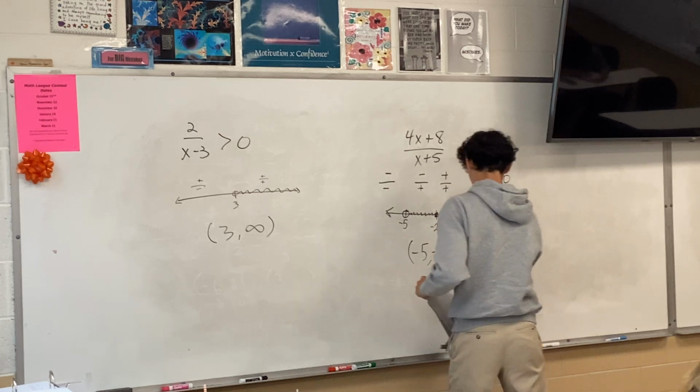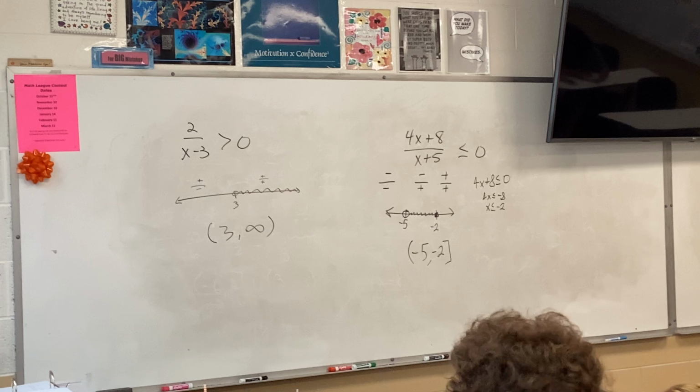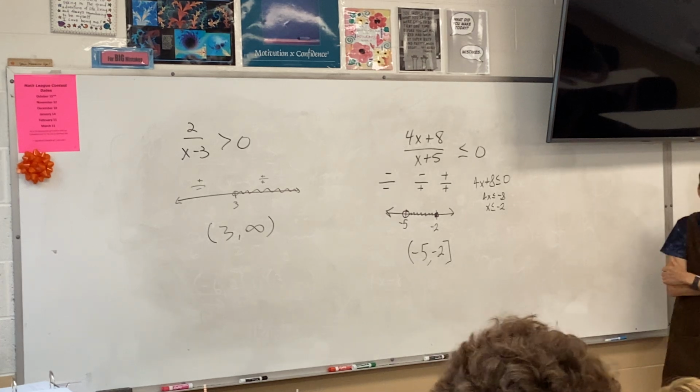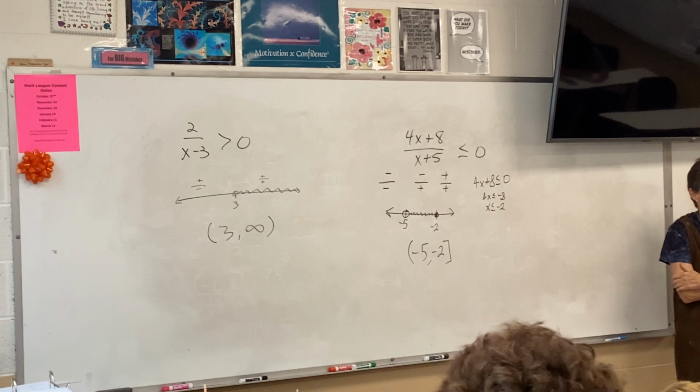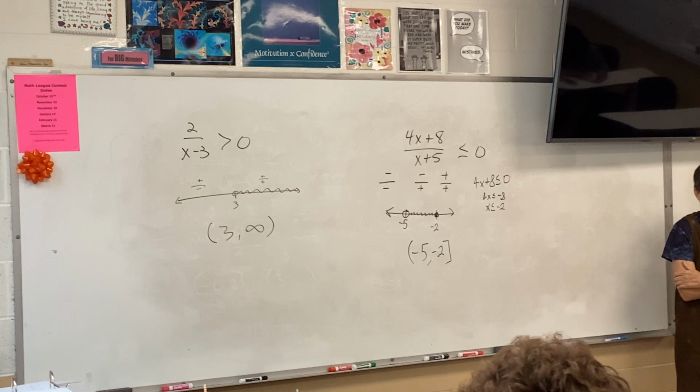How does this look to everybody? Pretty solid. I just have a question of why the -5 is open but the -2 is closed. Okay, somebody tell him, we just talked about that. It's on the bottom. If it's on the denominator, it can't be a closed dot.